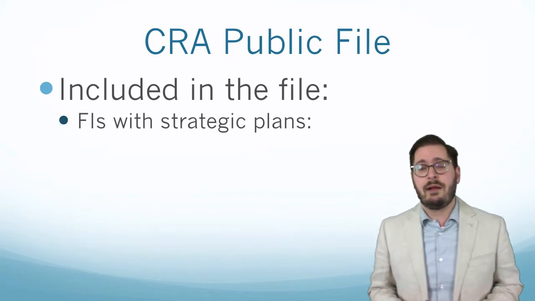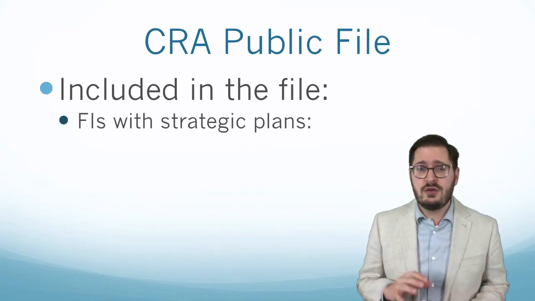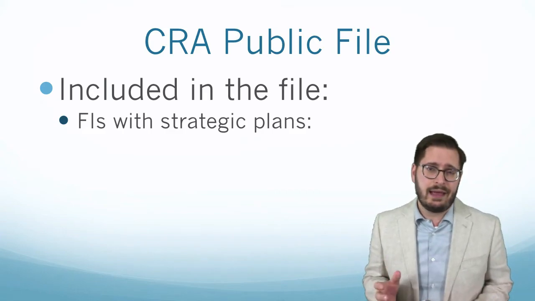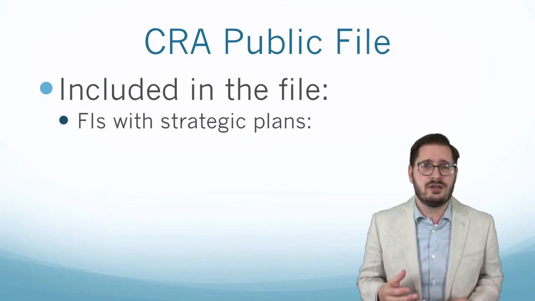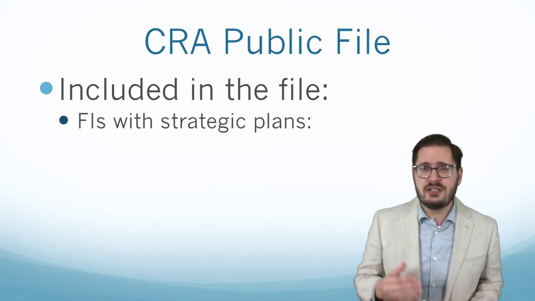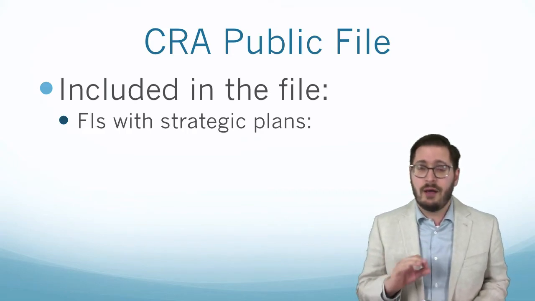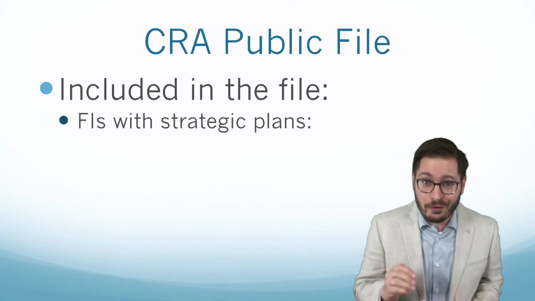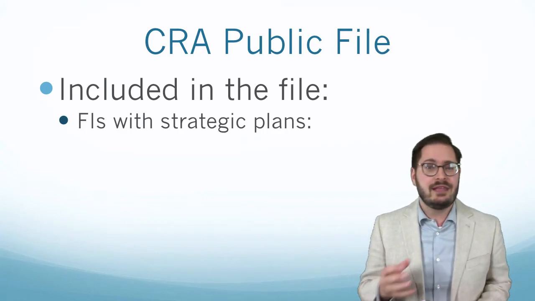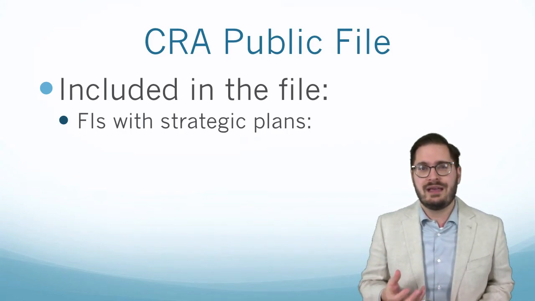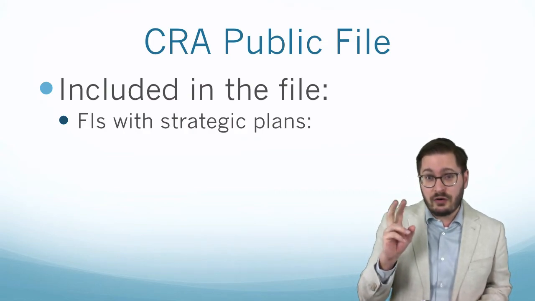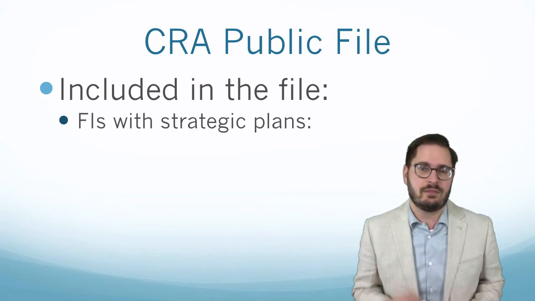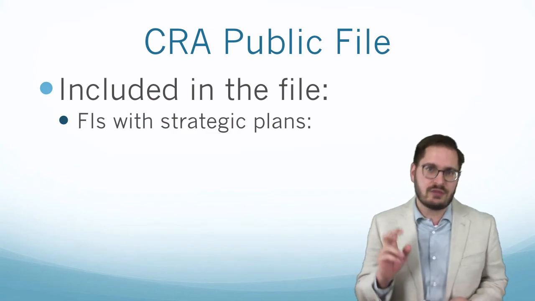Also included in the public file would be financial institutions that have strategic plans. Now, this would be a financial institution that has a strategic plan that was approved by the regulator. Maybe they have a unique situation and they want to be evaluated under a CRA-specific strategic plan. This is not your annual strategic planning plan.